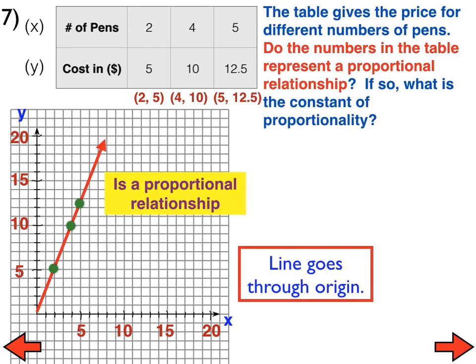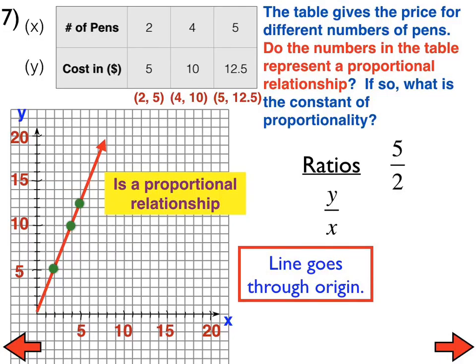This is a proportional relationship, and I want to know what K is, which is right here. Is there a dot there? There's no dot there, right? But over 1 up until I hit the line is right there. It's really hard to tell what it is, which means in this case we need to use our ratios.